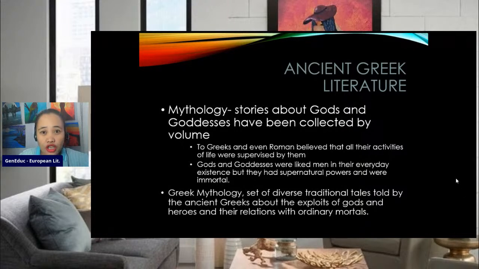When we say mythology, if you can still remember, these are stories about gods and goddesses that have been collected by volume. The Greeks and even the Romans believed that all their activities of life were supervised by them. Gods and goddesses were like men in their everyday existence, but they had supernatural powers and were immortal.